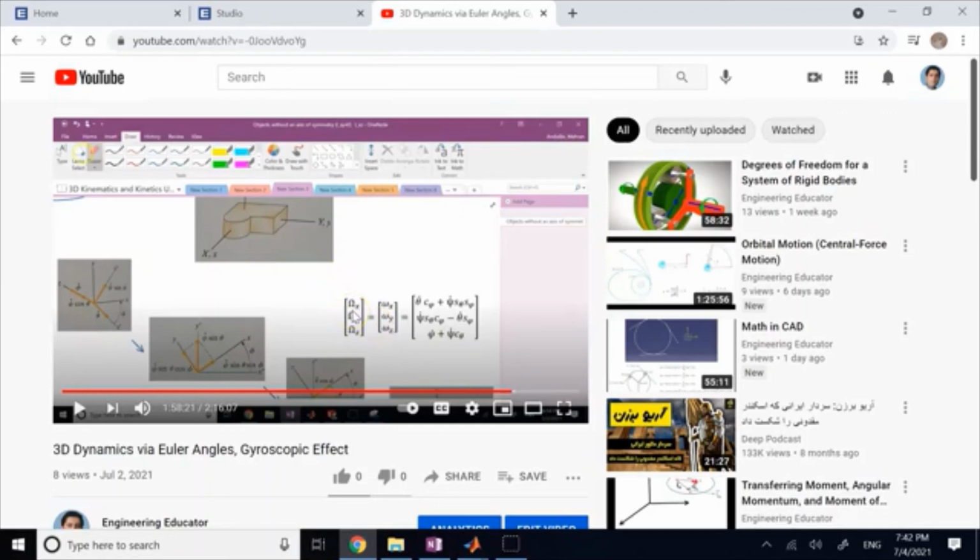One of the cases I mentioned is basically describing the angular velocity of the rigid body with respect to the inertial frame, but decomposing that vector onto the frame that is attached to the rigid body.